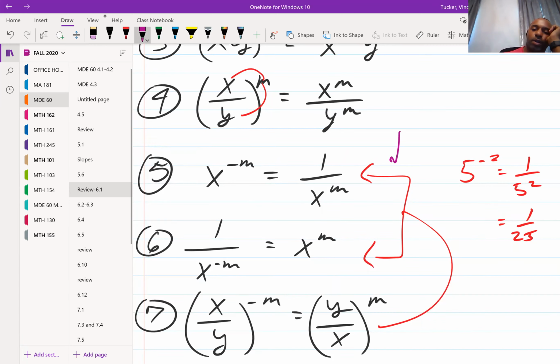So that's all that these red arrows are for, just saying that 7 is the same thing as 5 and 6, just that it's a whole fraction. So if you have a negative exponent and you have your number in your denominator, you can take it up top to turn it positive. If you have a number in your numerator that has a negative exponent, you can take it down bottom to turn it positive.